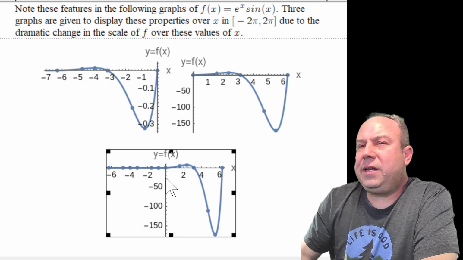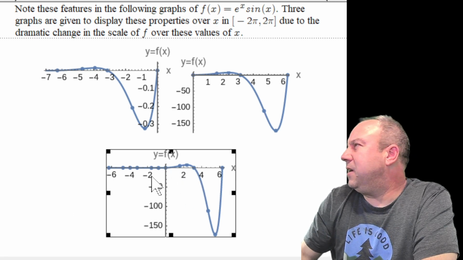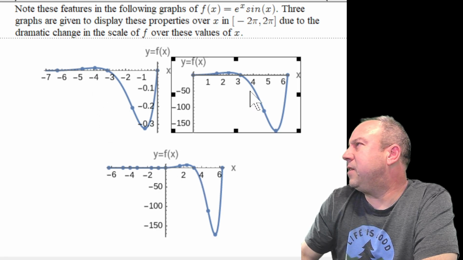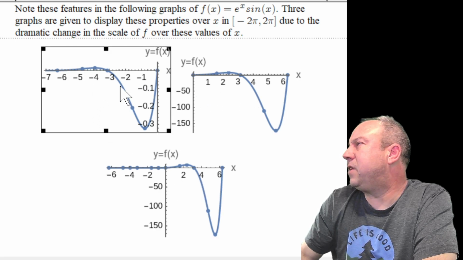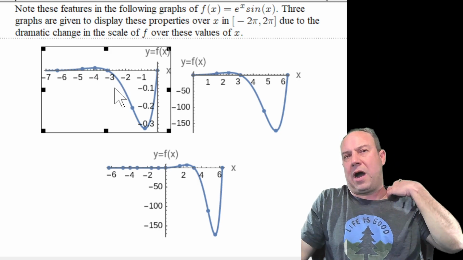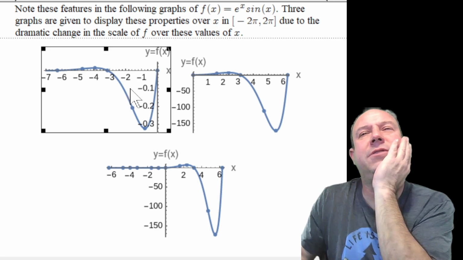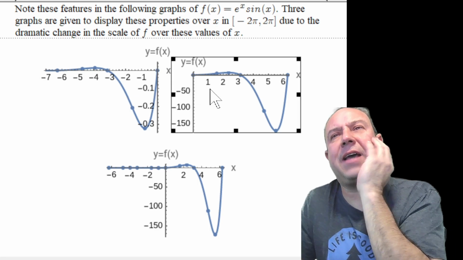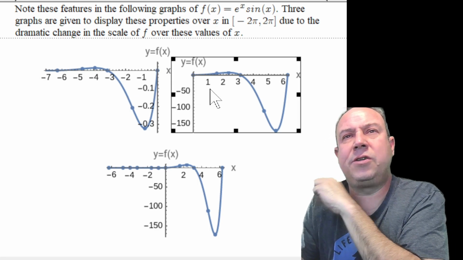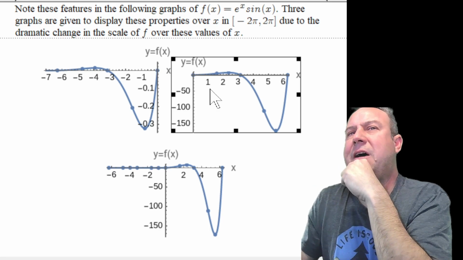So to avoid losing information in the scale, I separated this into the behavior we would see to the left of the y-axis, where we would have very small scales for dependent values, and to the right of the y-axis, where we would have very large scales for dependent values.